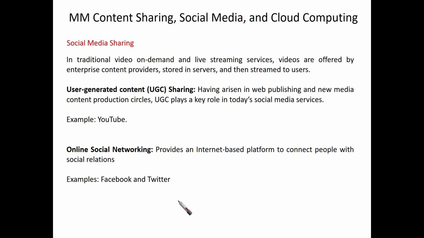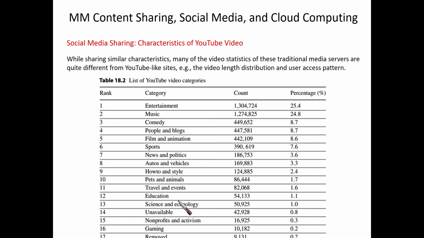Let's start with the characteristics of YouTube video. This YouTube video that we see has very similar characteristics to a traditional media server, but there are some substantial differences with YouTube-like sites.